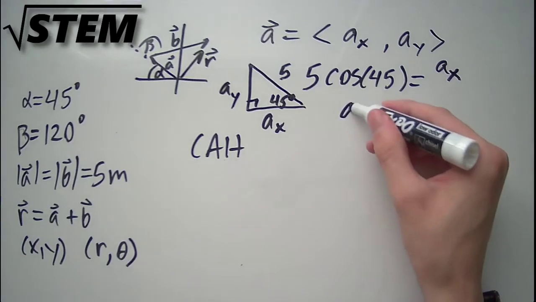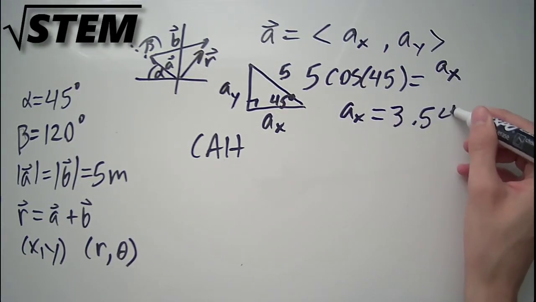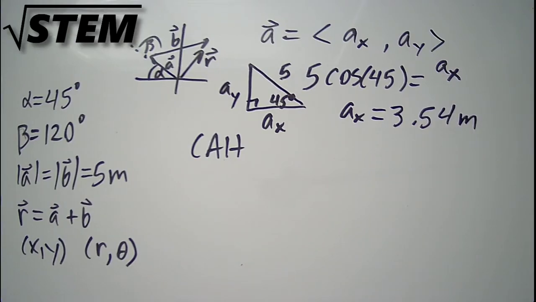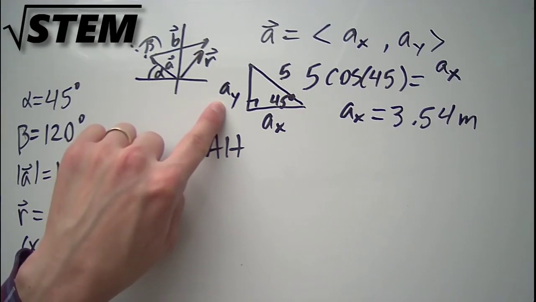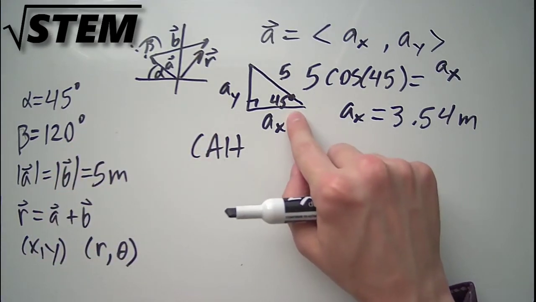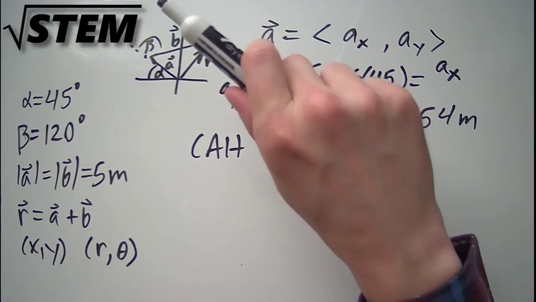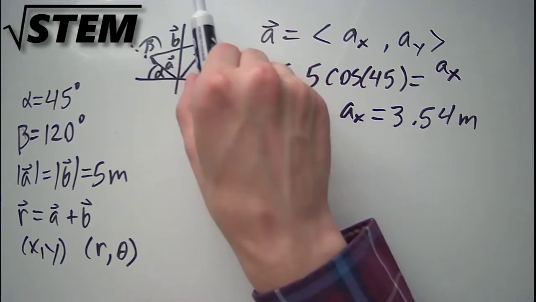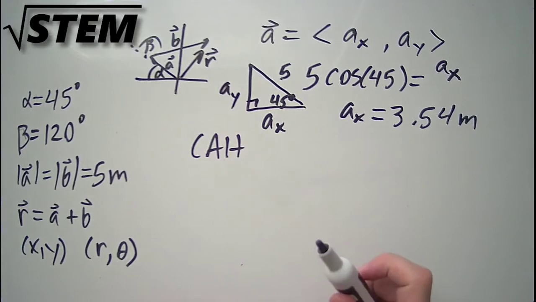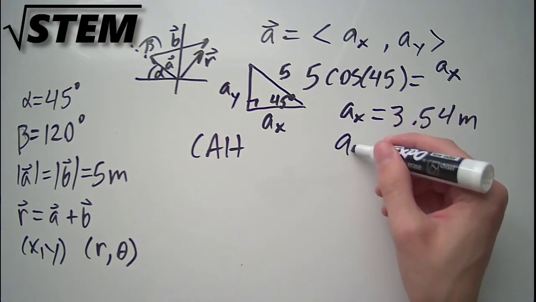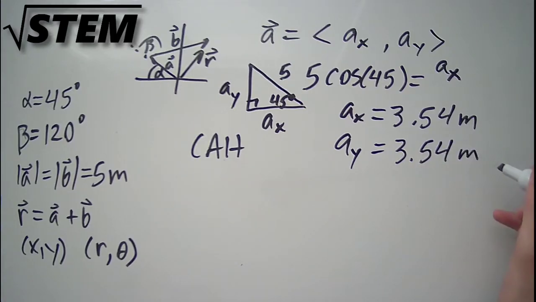And that comes out to 3.54 meters. Now we could calculate Ay the same way, but we can use a handy fact about 45 degrees because that is exactly in the middle of this 90-degree range. The Ax and Ay sides should be exactly equal.